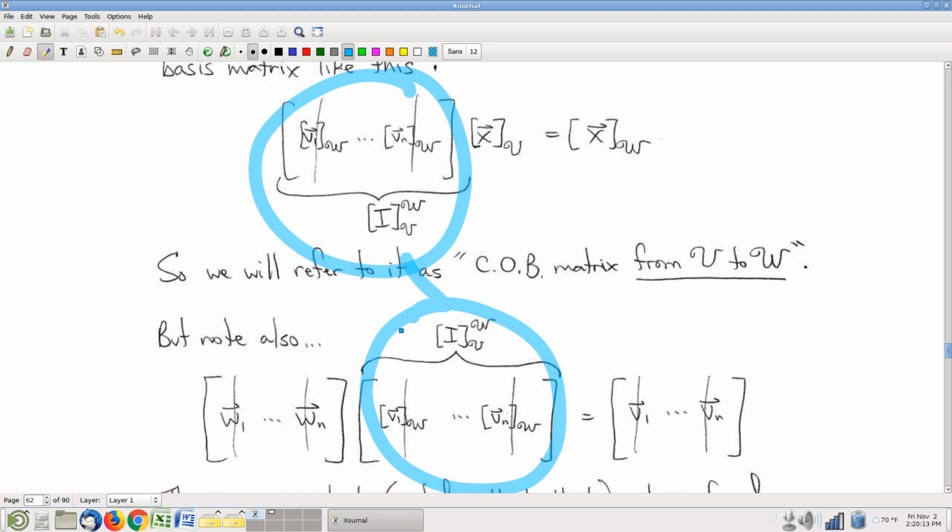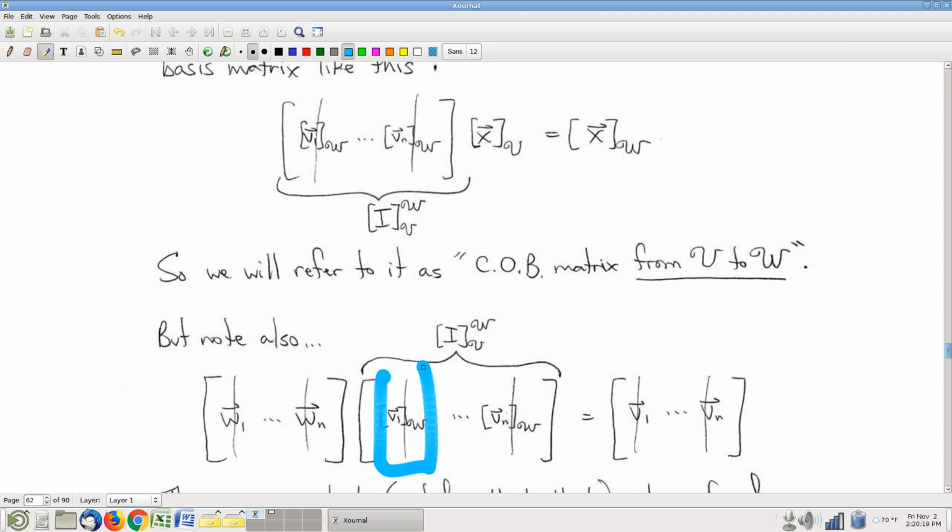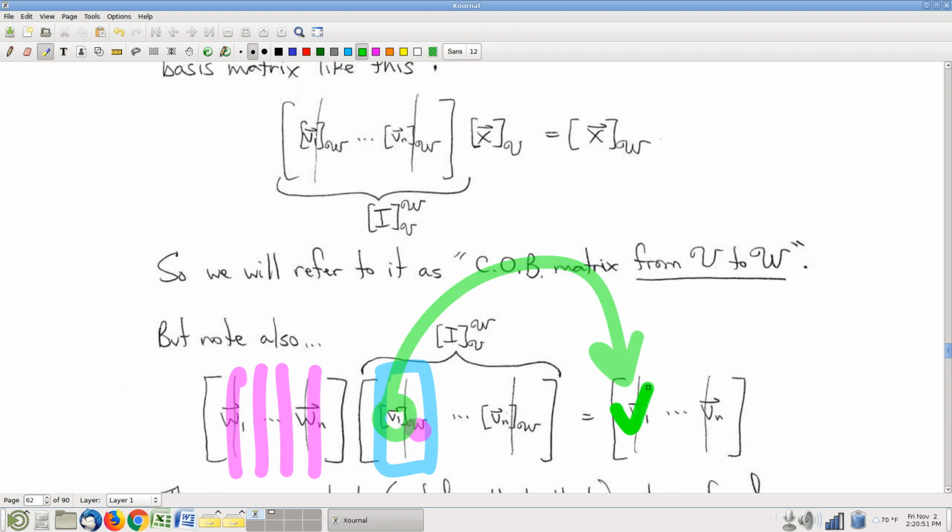Let me persuade you why this is. What are these coordinates here? This first column's coordinates say, if I wanted to produce V1 as a linear combination of the W vectors, what should my coordinates be? These are the coefficients in a linear combination of the W vectors that produces V1. So in this matrix multiplication, when you take those coefficients and that linear combination of the W vectors, you get V1.